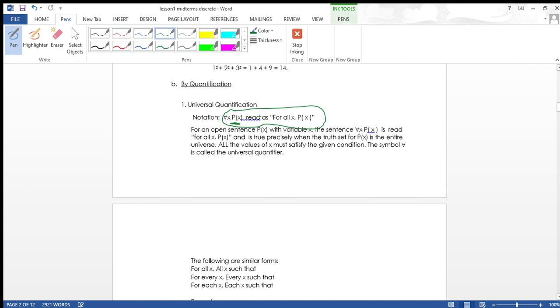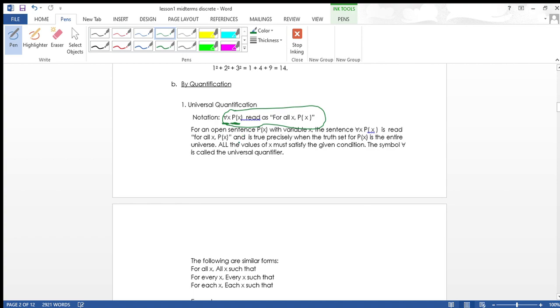And if we want now to consider the truth value of our proposition based on this universal quantification, so from the quantifier for all, this proposition will be true if it is being satisfied by all possible values of x, depending on what universe of discourse is being described in the problem.